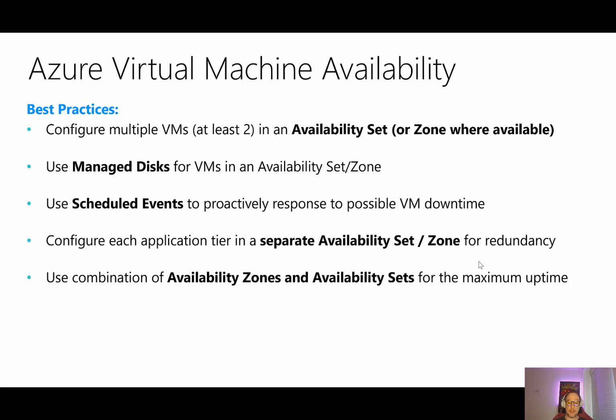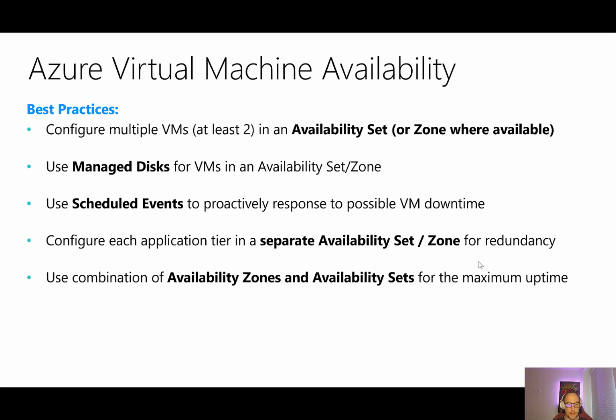Use scheduled events to maybe optimize the maintenance for the VMs that you can control. And also important, deploy each and every application tier in a set or a zone and not mixing workloads. What it means is that if you have a 2-tier application, web applications, all web VMs will be deployed in one availability set.